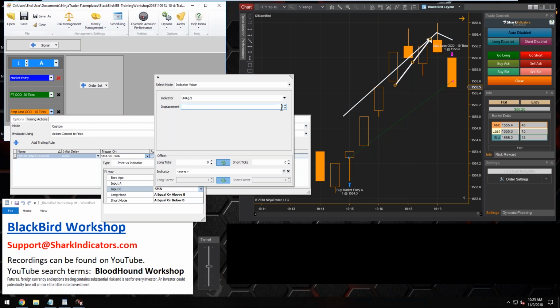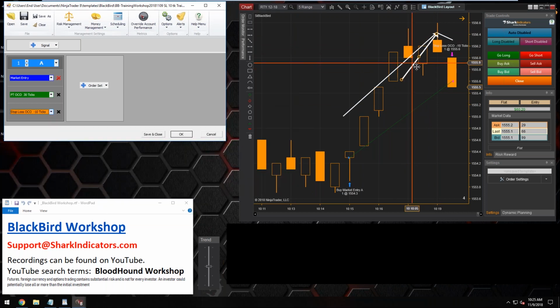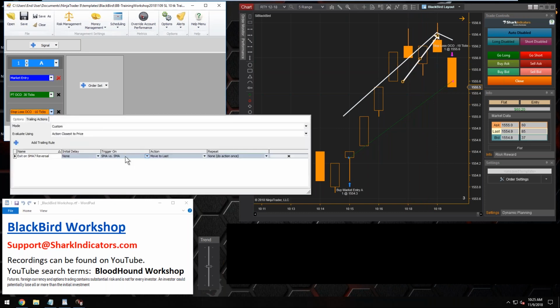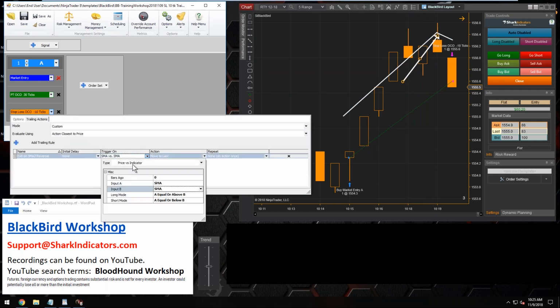A displacement of 1 is 1 bar back, where my little arrow is pointed. So we can capture those two SMA prices of those two different bars.